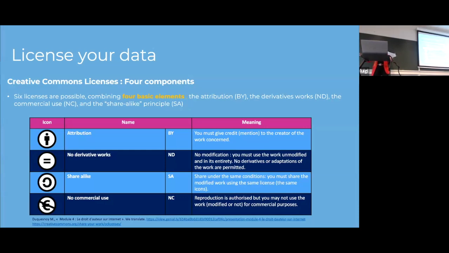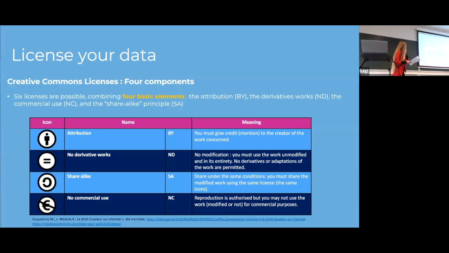We will explain the conditions, but it keeps his right of authorship. That's the main concept of a Creative Commons license. So they are free legal tools that indicate what can or cannot be done with resources.